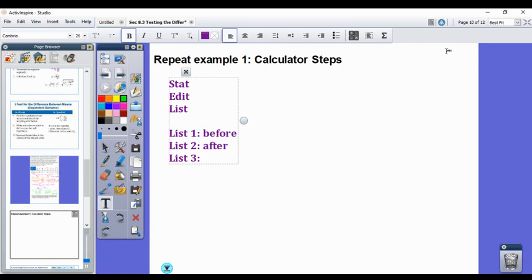Put L1 minus L2 in the top bar. This way it'll calculate the differences for you. You don't have to type them all in, because that's kind of defeating the purpose of using your calculator. And then from there, you're going to go to stat.